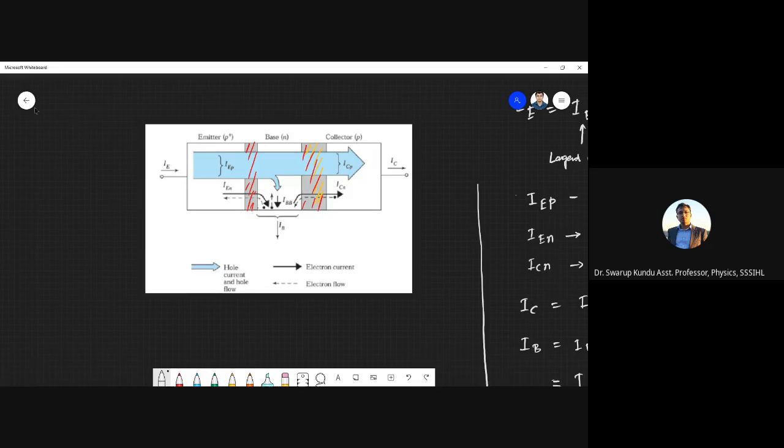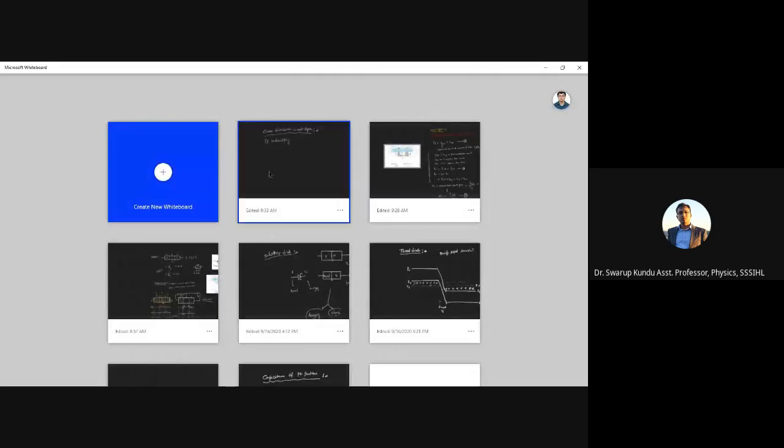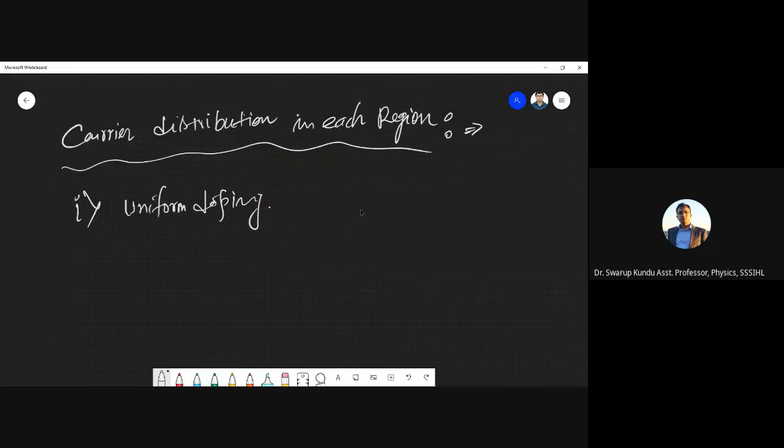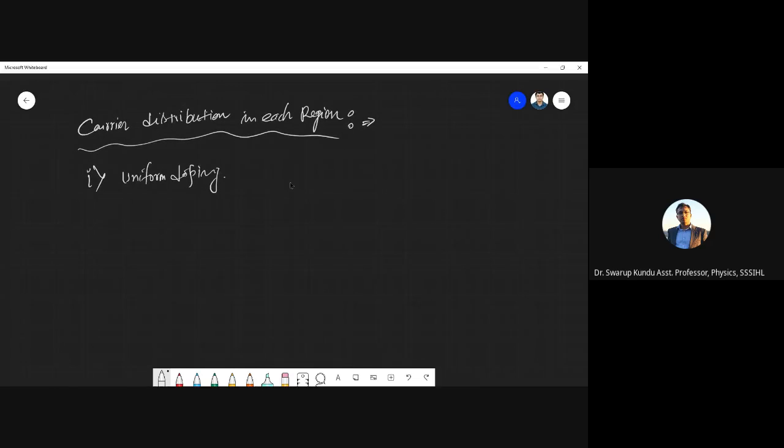In this we consider everything. But for this carrier distribution formalism, we will assume that the whole drift current is 0 in the base region, only diffusion current. We'll get into those when we derive the equation.